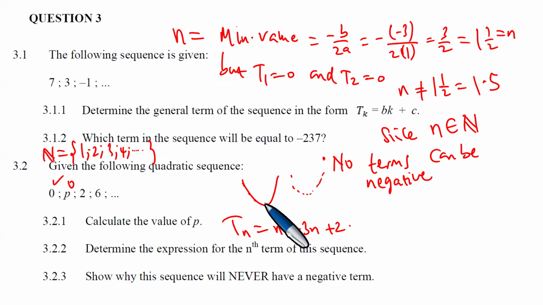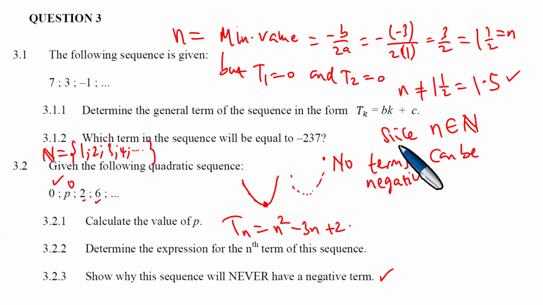The minimum value, we want to get the negative terms, because now these are positive terms. So this will have a negative term, possibly the smallest one. And we're able to see that if we want to get n, we're getting 1.5.